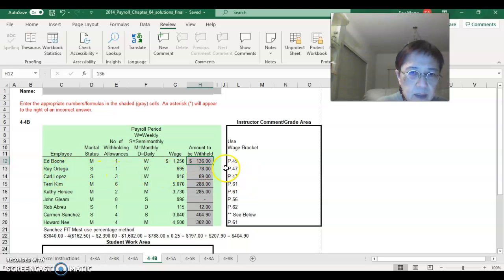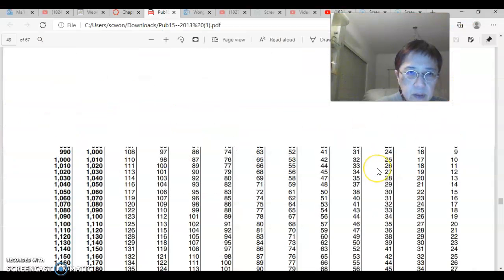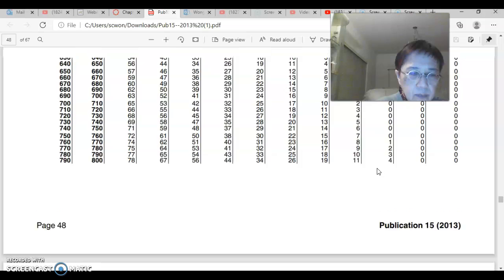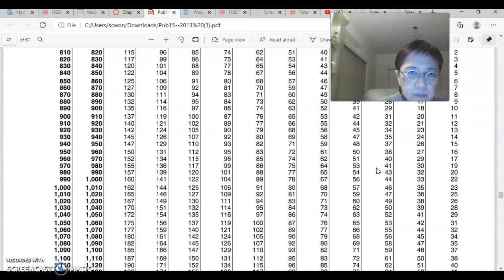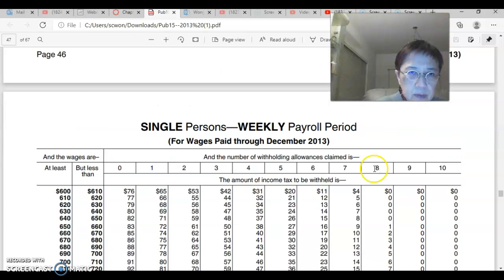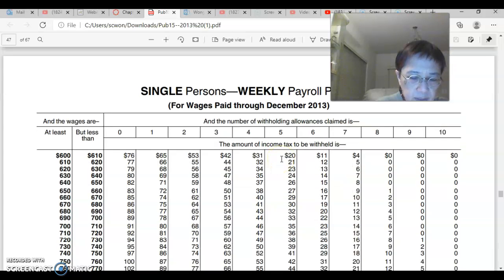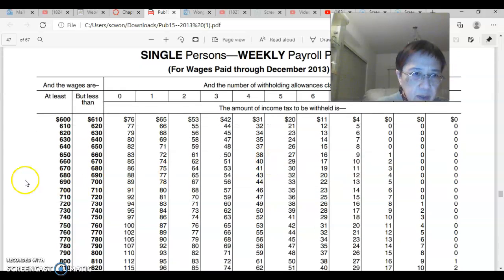Ray, page 47. Let's go to page 47. Ray is single and payment is weekly, and he made $695. 695 is at least 690, but less than 700.